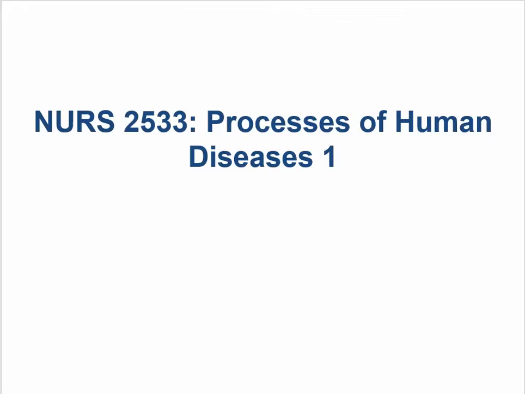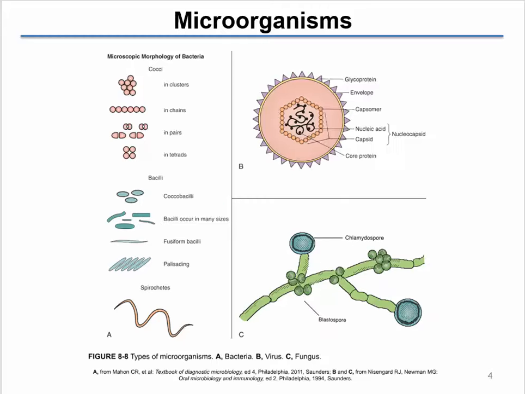If we go back to this slide, we can see some of the morphology. If the bacteria are little spheres, they're considered cocci. If there are two spheres together, they're diplococcus.